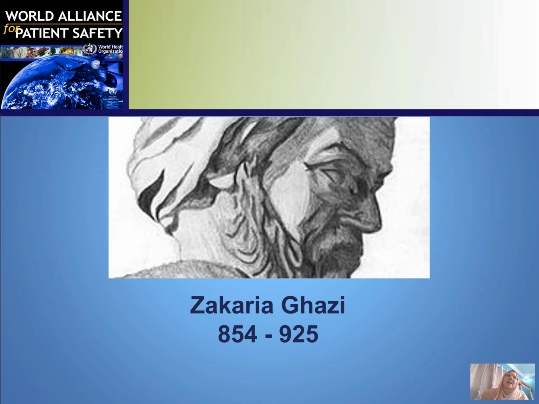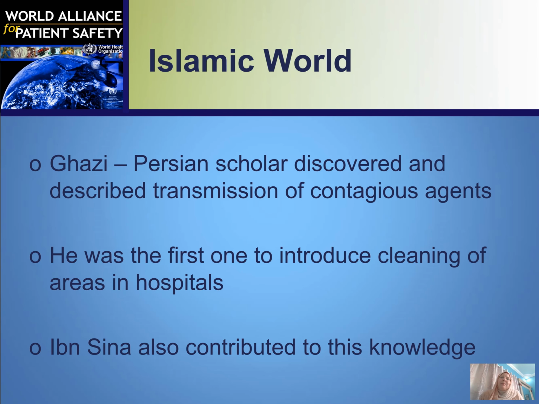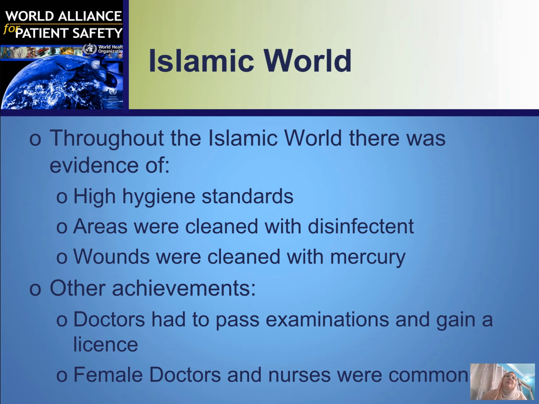It was Zakaria Razi who had already put in place important measures such as cleaning on the wards, using mercury as a wound cleaning agent, as mercury is an antiseptic and microbicidal substance. Another important thing at the time is that there were very high hand hygiene standards within the Islamic world. This was already known and common practice.